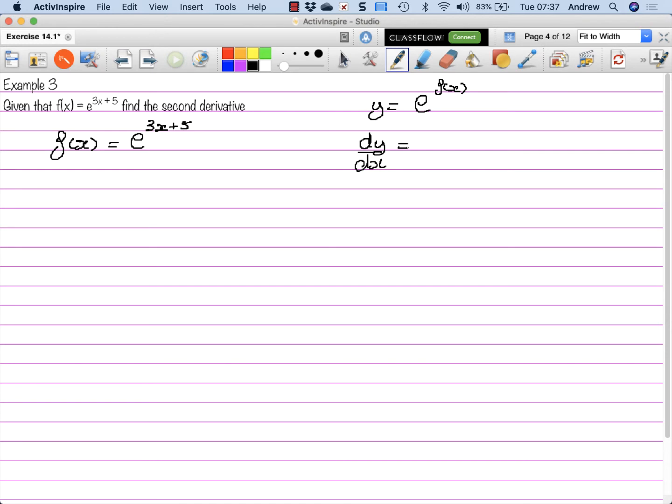So we end up with just writing the e function again. And then we multiply by the differential of the power. This is the quick and easy way of doing it, and it is worth remembering. So I'm dictating to you now. You write down the e function again, and then you multiply by the differential of the power.